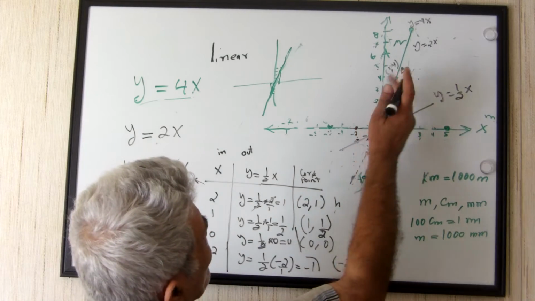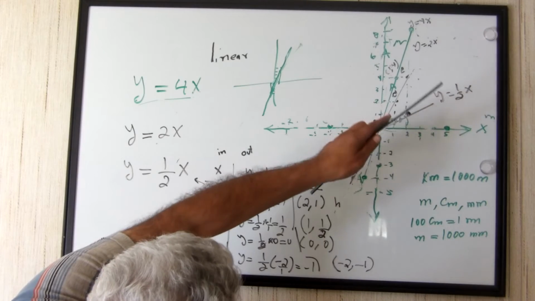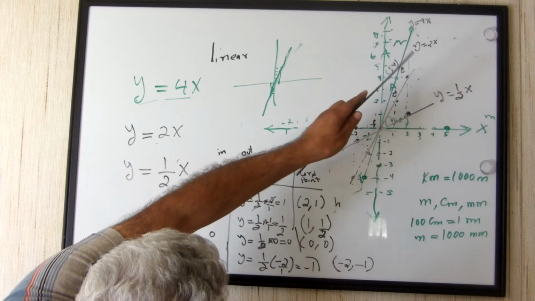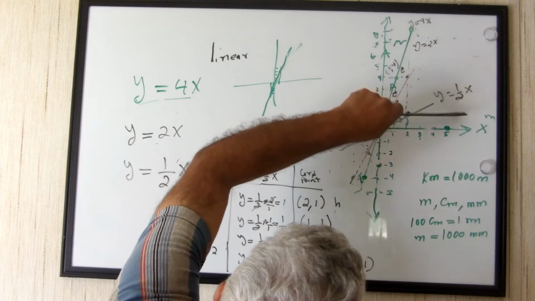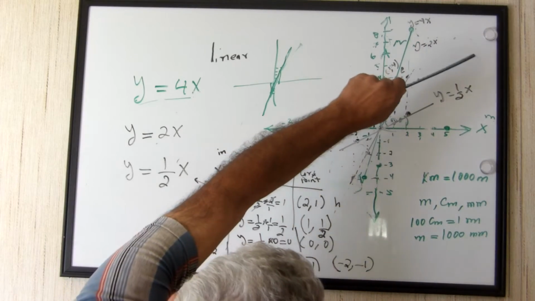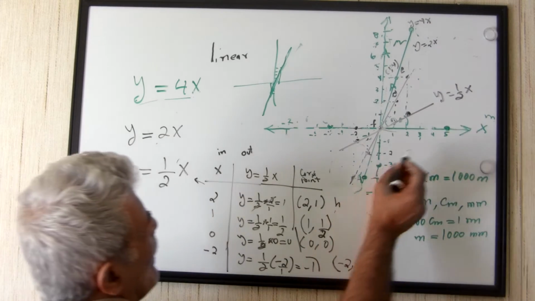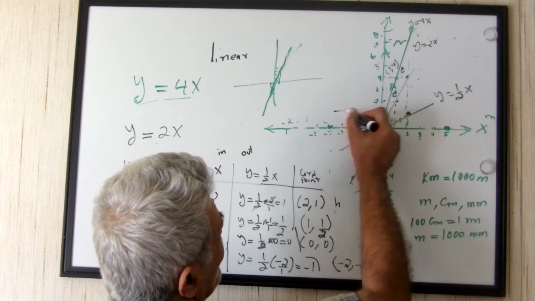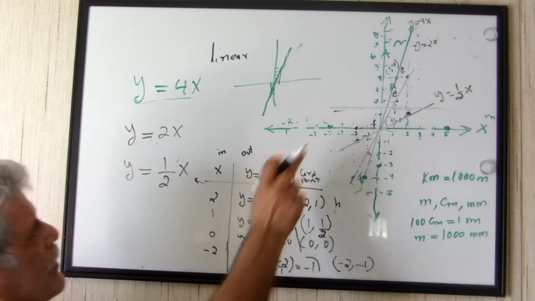So you notice that this is going this way. The coefficient behind x is getting less and less, until it is a straight line. We will talk about this later.